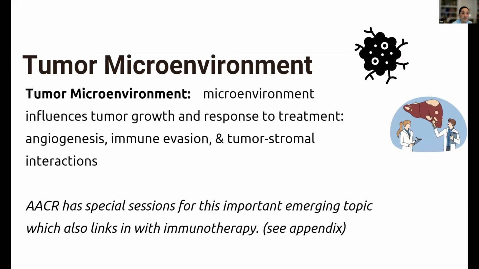People are now investigating, and this is going back to the more research side, the microenvironment and how it responds to drugs. So that's the response to immune evasion, stromal interactions, angiogenesis. Some things that are a little bit abstract, but we're beginning to explore this more. You can also look more deeply at things like websites. That would be almost like my 501 slides at the end, which I'll get to.